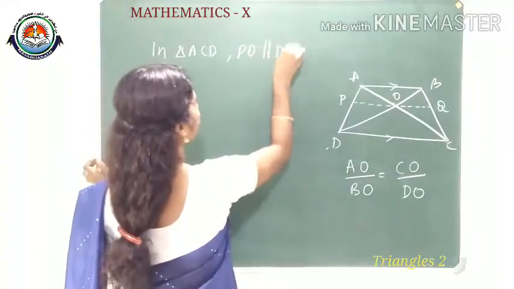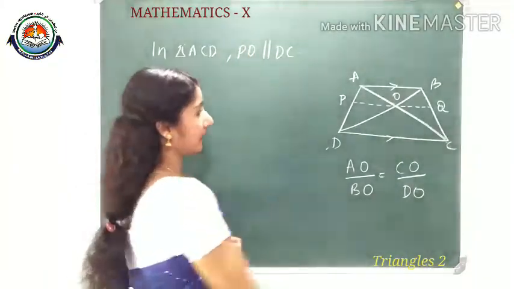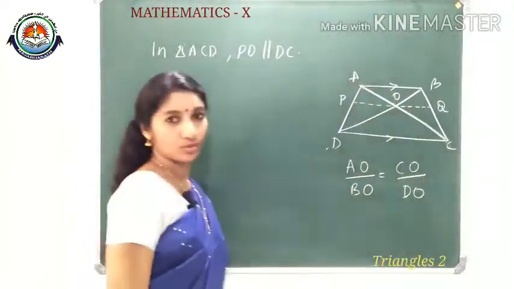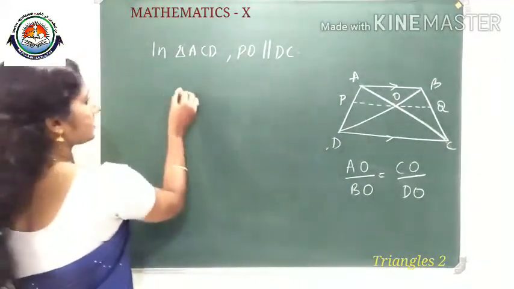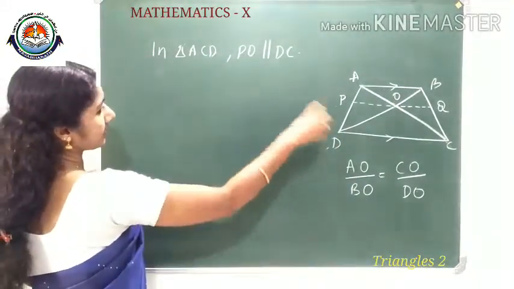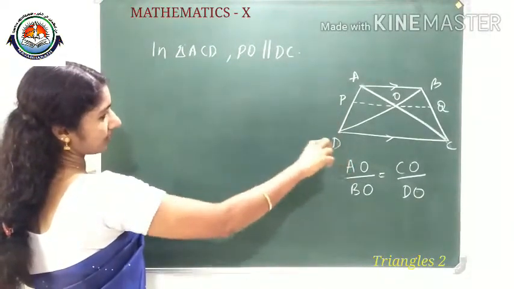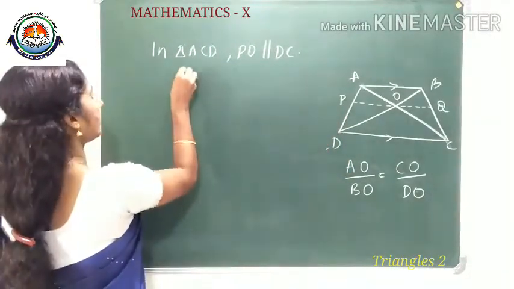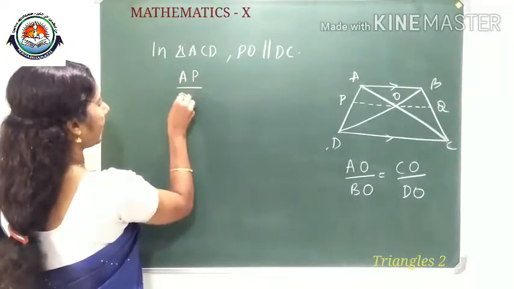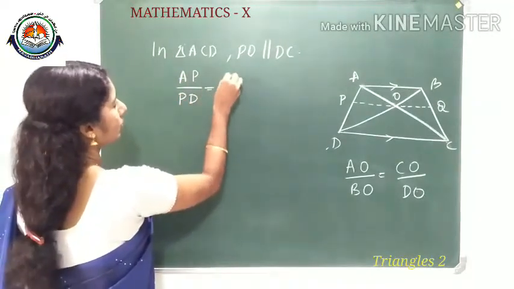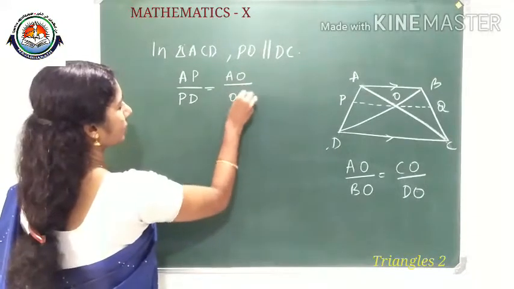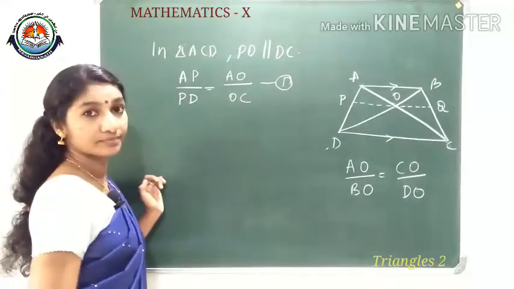PO parallel to DC, so we can apply the theorem and we will get the side AO, OC also for that. So in triangle ACD, see the triangle ACD and the line PO is parallel to DC also. So we can write AP by PD equal to AO by OC, equation number 1.